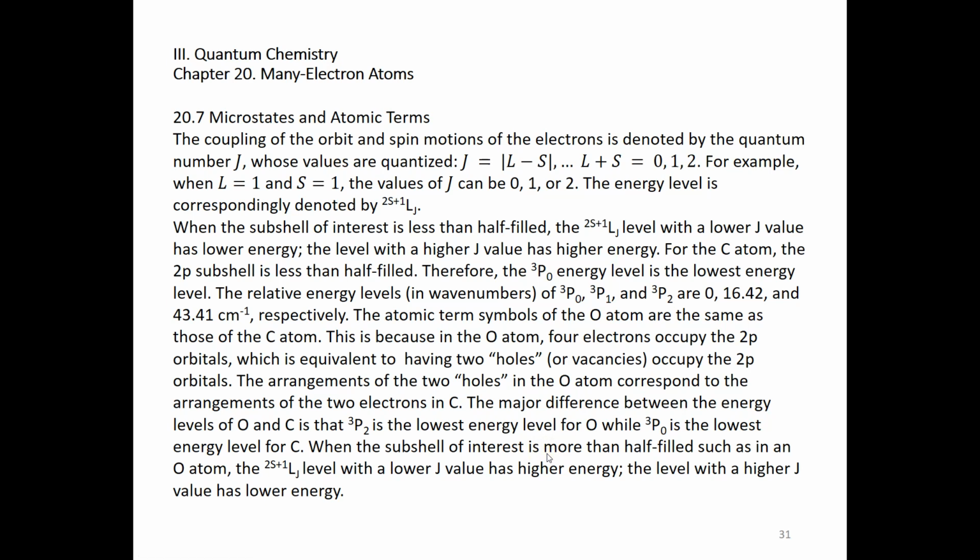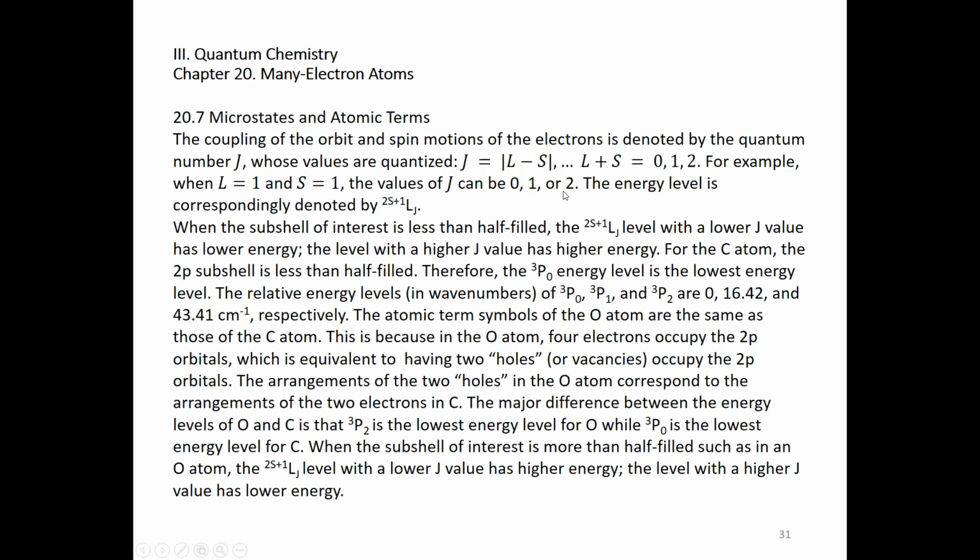So what if it's exactly half filled? When it's exactly half filled, well, you'll see the value of L is going to be 0. And when that's the case, when L is just 0, J can only be one value. J is equal to S, the spin quantum number.